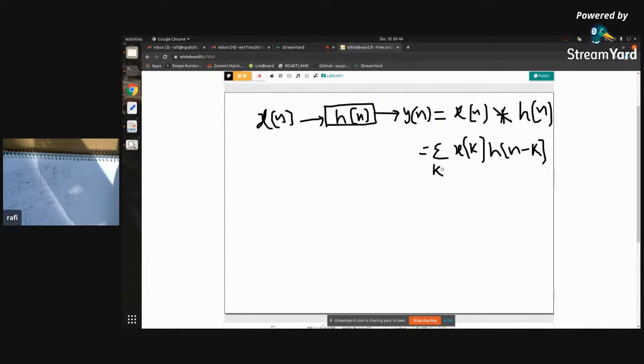Unless there are finite limits, I won't put any limits here. If no limits are there in my writing, that means minus infinity to infinity, or in the frequency domain, minus pi to pi. So this is the convolution. What I will do is, if x of n is e power j omega n, some complex exponential, then what happens?